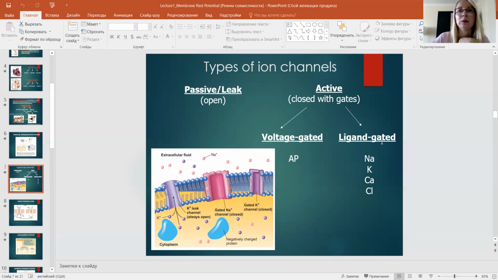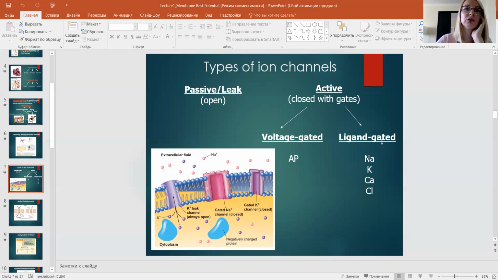A ligand is a molecule that binds to a receptor, and a receptor is a protein that has a site to which a ligand can bind. When a ligand binds to the receptor site, the ion channel opens and closes.